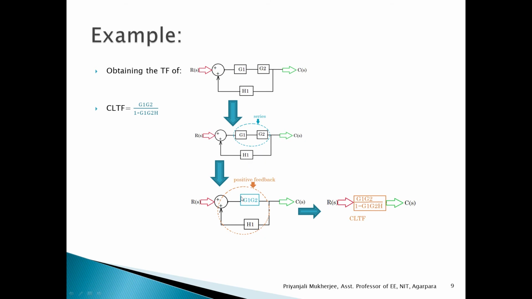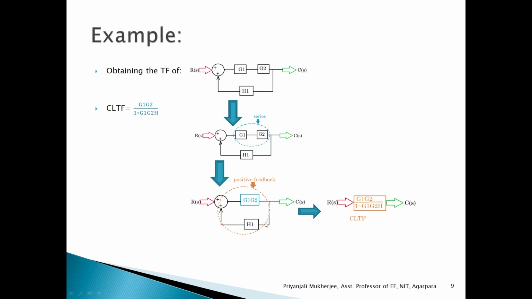Next is H1, which is the feedback. One thing you have to keep in mind is that when two signals are flowing opposite to each other, they act as a feedback, and if the signals have the same direction, then they are parallel paths. The main signal is flowing from R(s) to C(s), and for H1 the signal has the opposite direction, so H1 is the feedback. In this summing point the sign is plus, so this is considered a positive feedback.